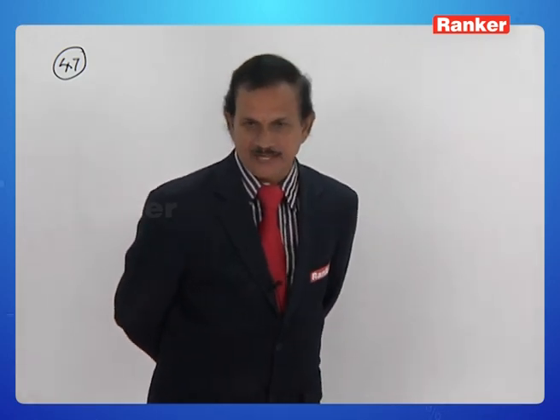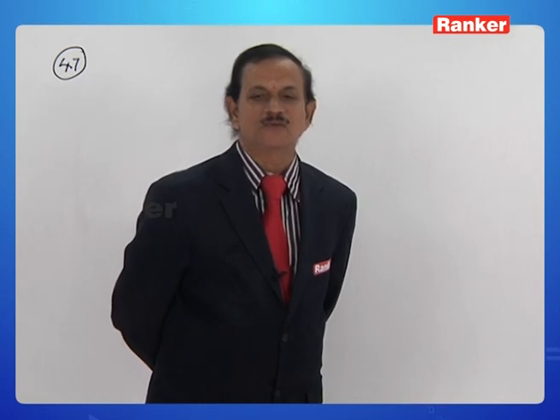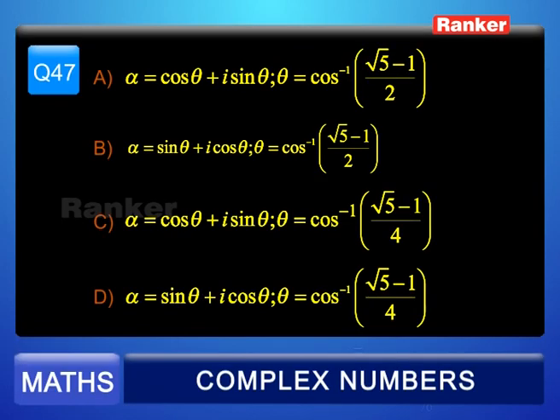Okay, we shall see later. Then the value of a is such that az square plus z plus 1 is equal to 0 has only purely imaginary roots is. It has given as usual 4 options. In the first option, option A, a is equal to cos theta plus i sin theta, where theta is equal to cos inverse of root 5 minus 1 by 2. In all the options, a is given as cos theta plus i sin theta, and the options vary from the value of theta only.